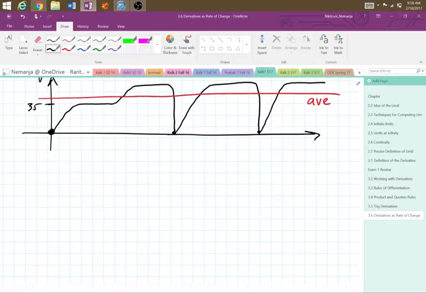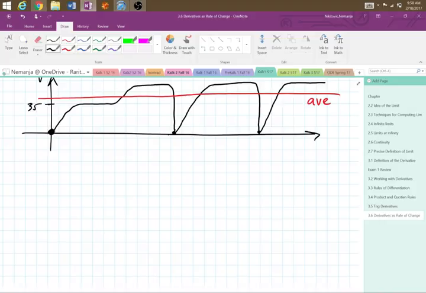So if you get a formula for any type of path, for instance, if I give you, take a look at that, right? That was the negative x squared parabola.